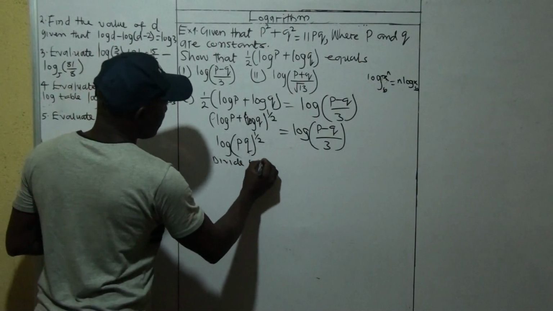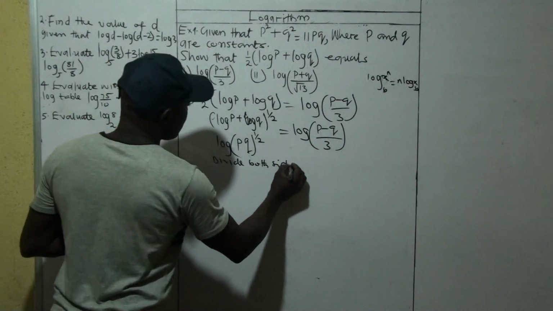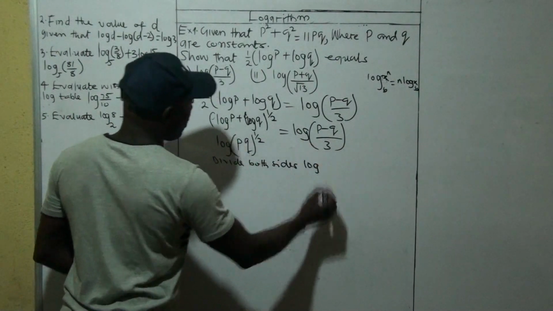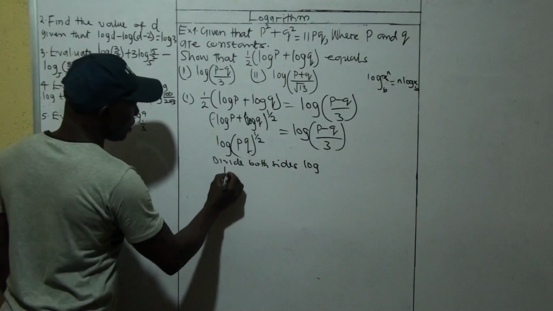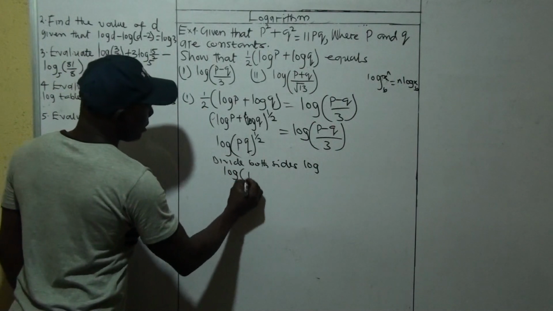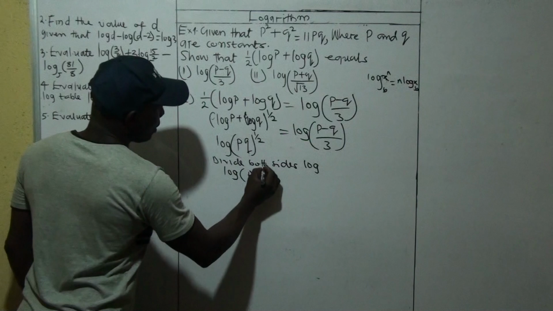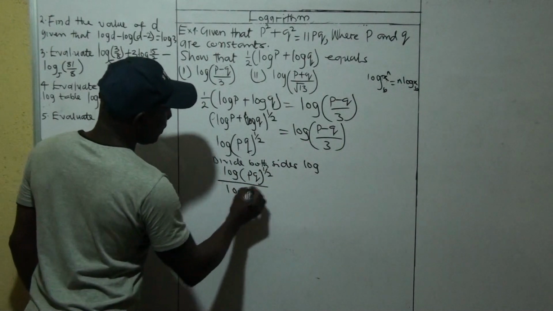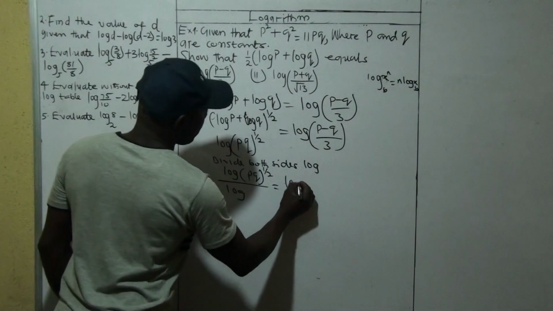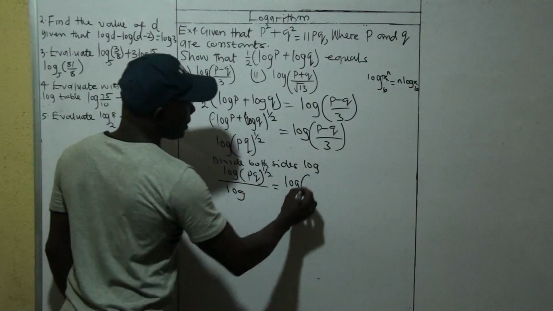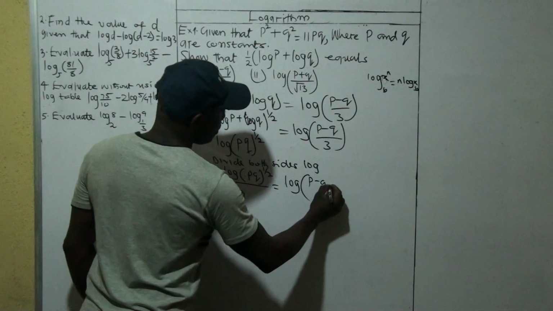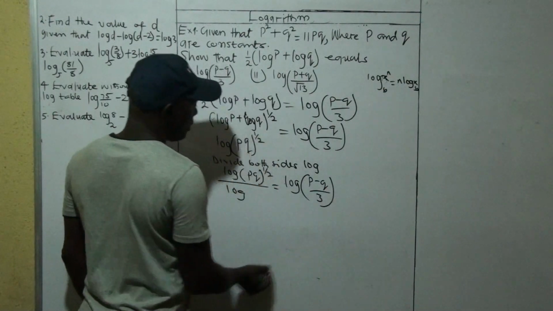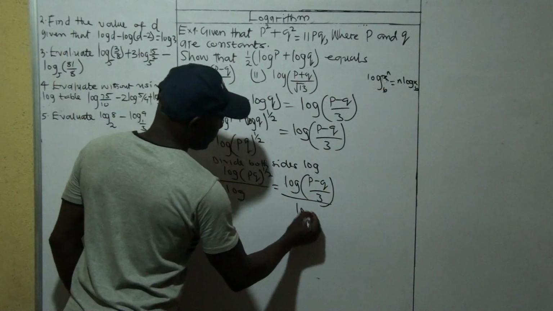In this case we divide both sides by log. So if we do that, this becomes log of pq all raised to power half divided by log, is equal to log open bracket p minus q all over 3 divided by log.